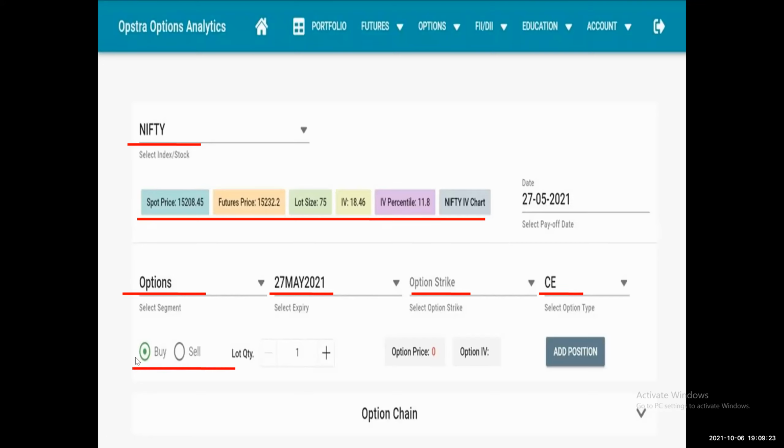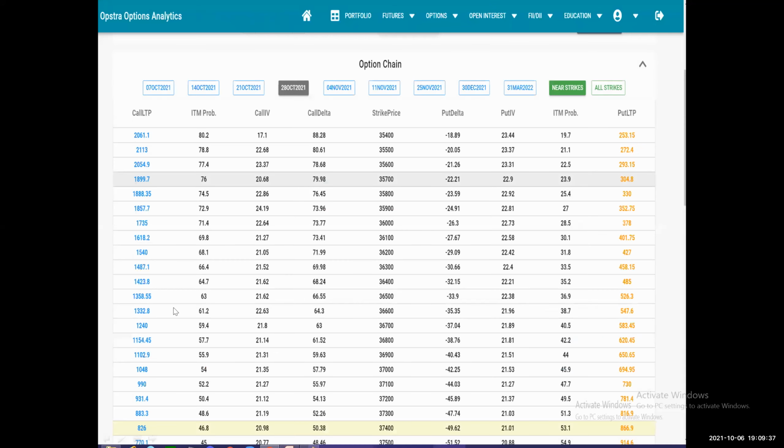Now, whether you want to buy or sell, please practice amply before you jump into the market. You can store 2 paper trades, so please try to do it that way. Last is the option chain. Once you click on it, you will find this kind of table opening up.